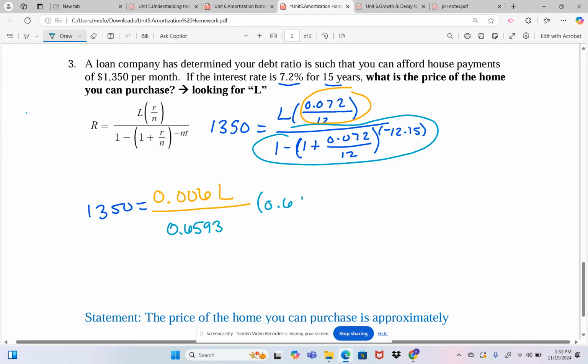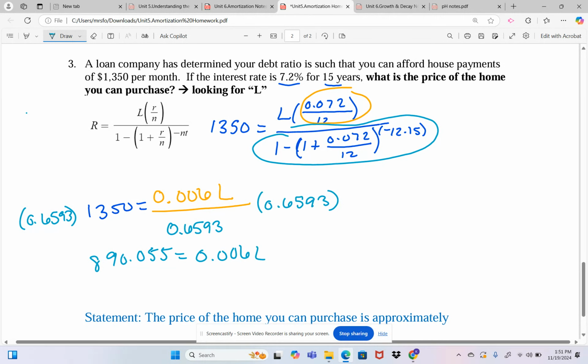Multiply both sides by the 0.6593. So 0.6593 times 1350, 890.055.